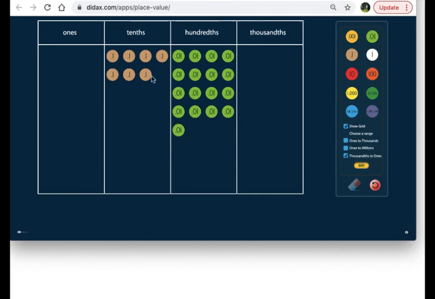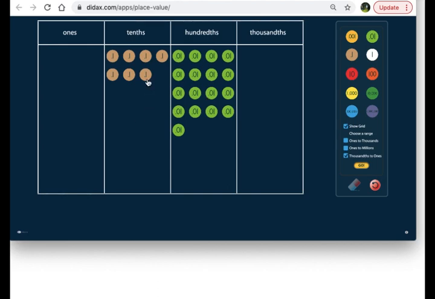Now I have 7 tenths, and I have 4, 8, 12, 16, 17 hundredths. So 7 tenths plus 17 hundredths also gives me 87 hundredths.